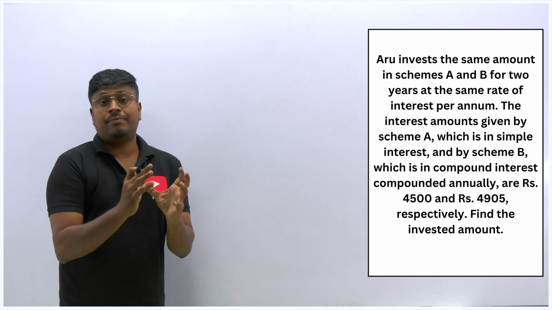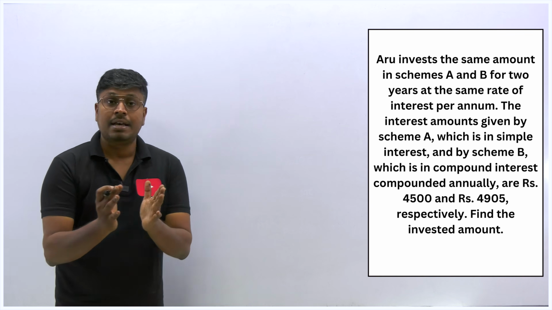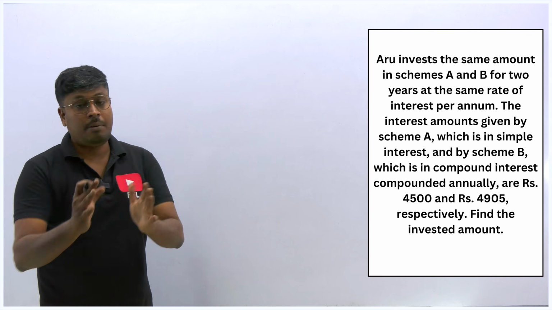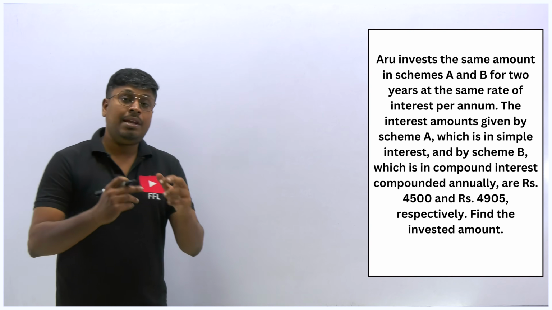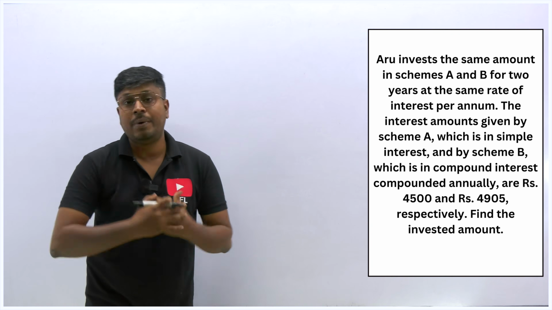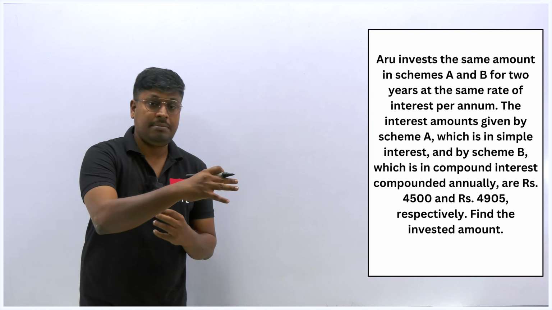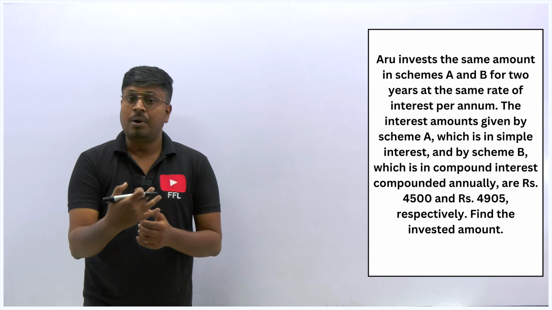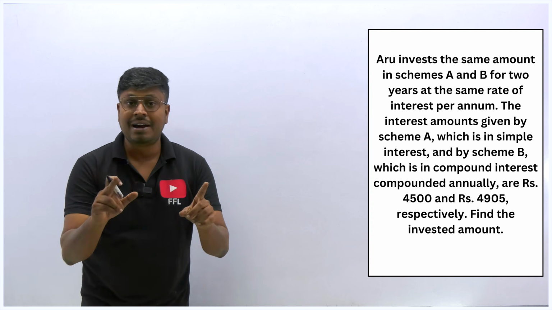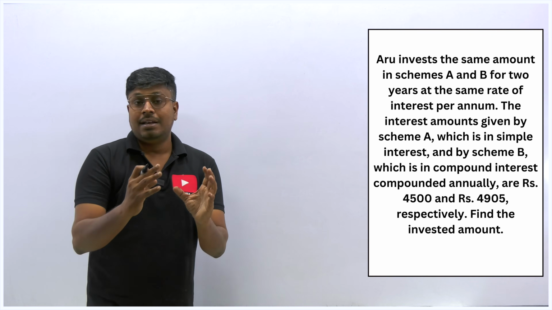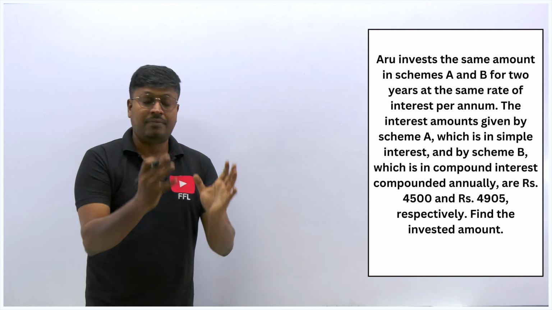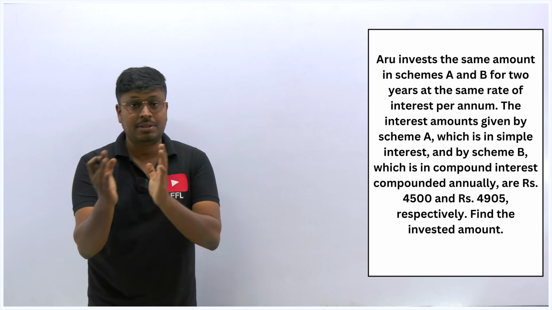So friends, be careful with these types of questions, because if both values are compound interest, we can divide equation 1 and equation 2. If both values are simple interest, we can equate them. But if one scheme is simple interest and another is compound interest, you can't divide them. In this case, what we need to do is frame equation 1 and equation 2 for both schemes.